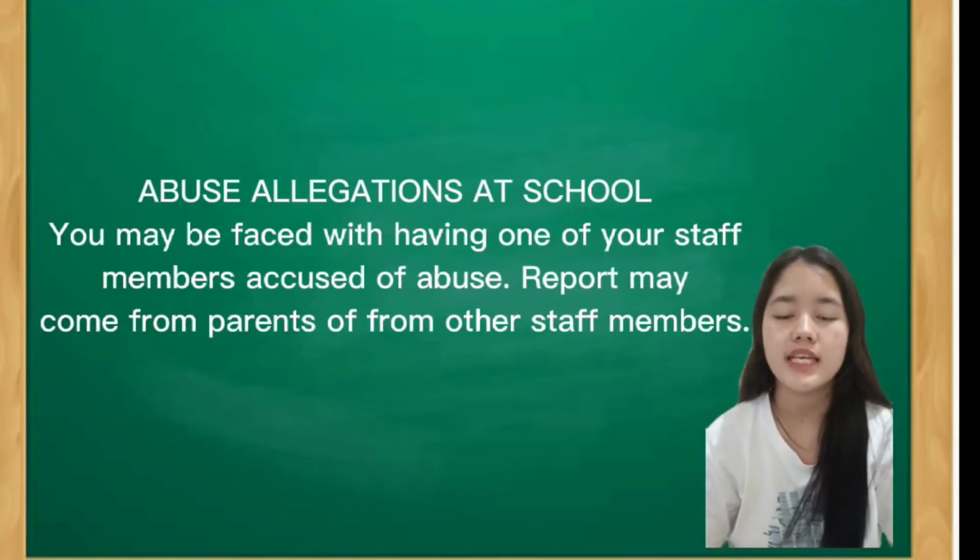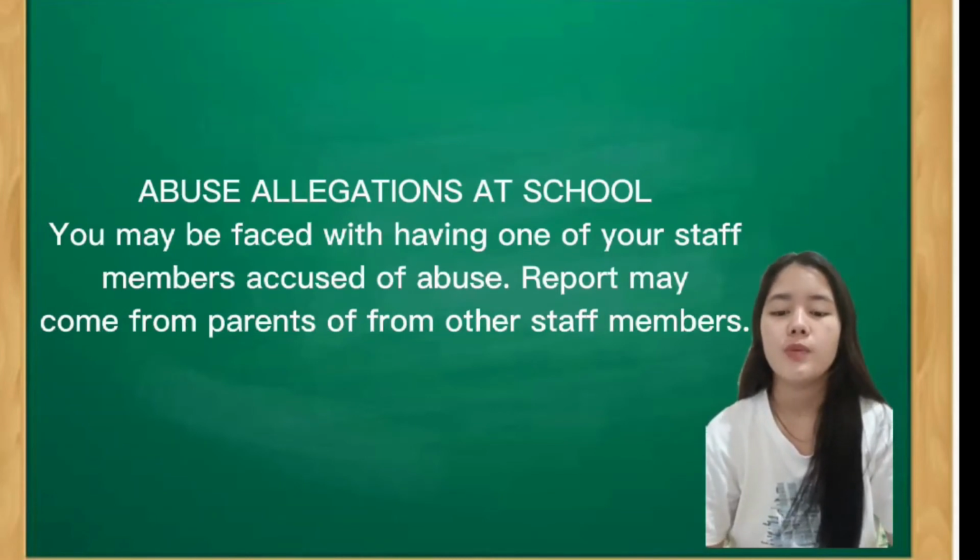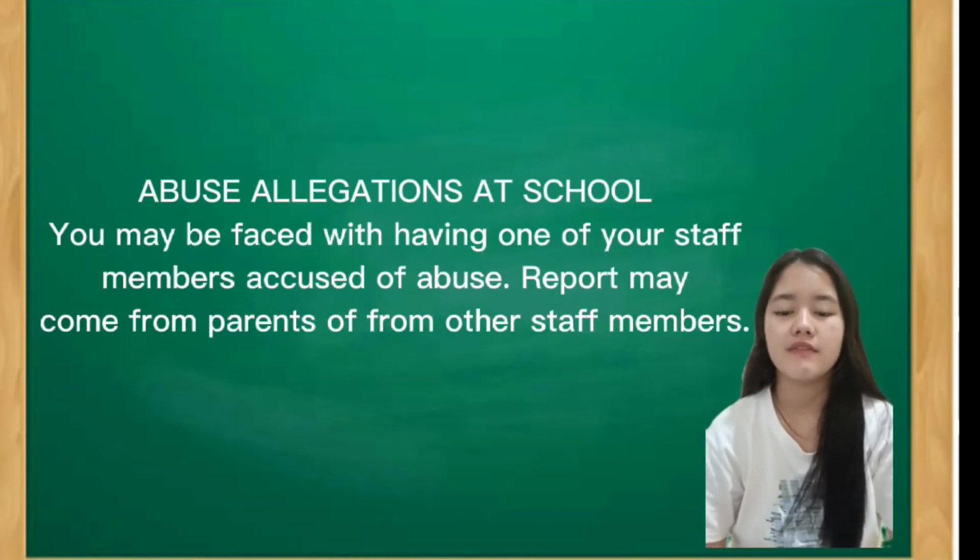So, abuse allegations at school. You may be faced with having one of your staff members accused of abuse. Reports may come from parents or from other staff members. If the report first goes to the licensing agency, it will be referred to the police department. If the police department receives the first complaint, they will report to the licensing agency.